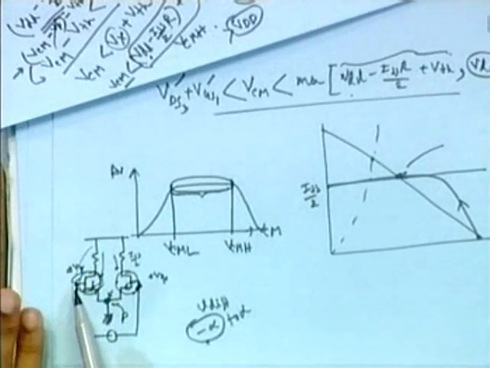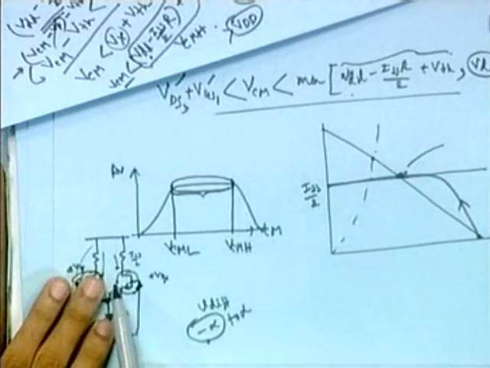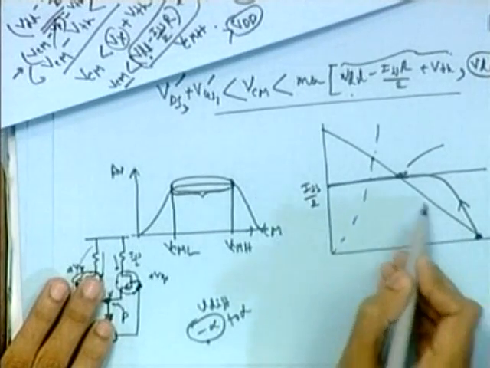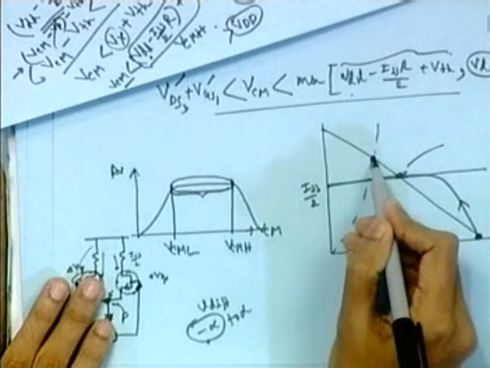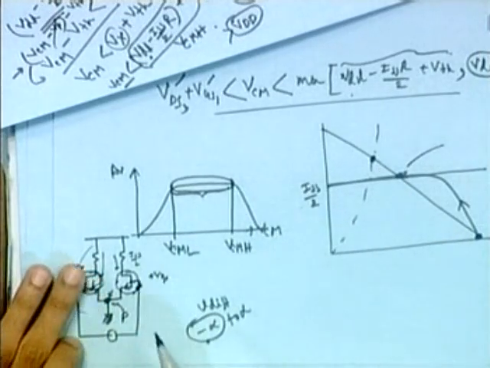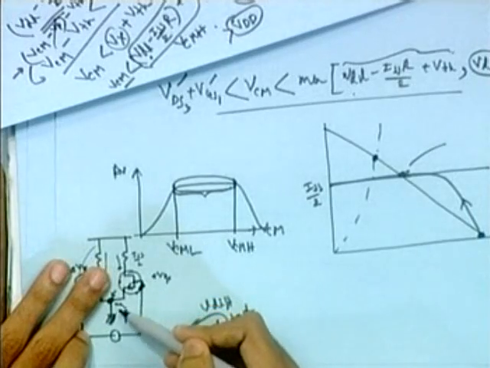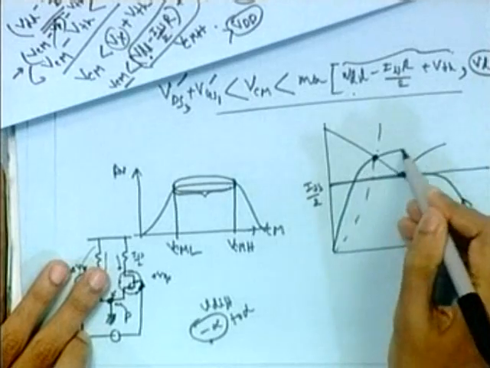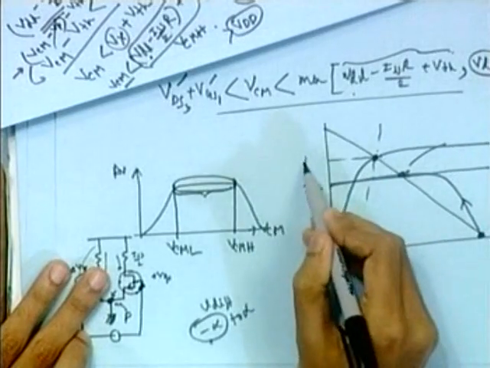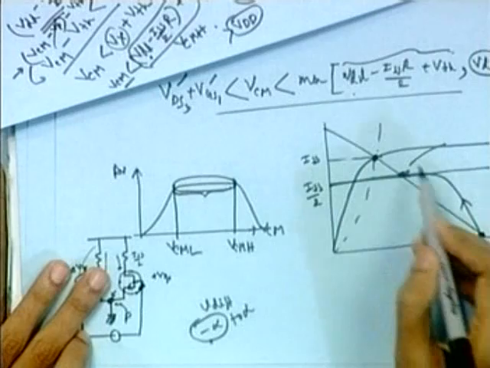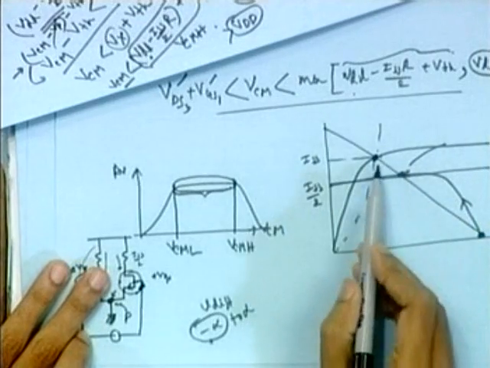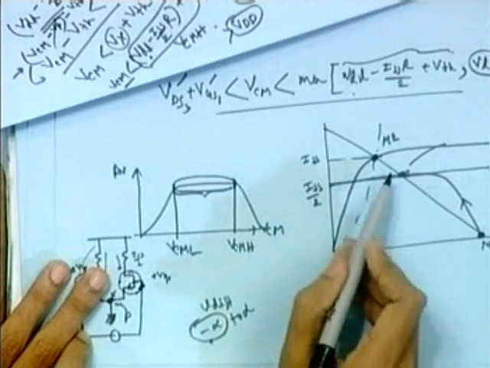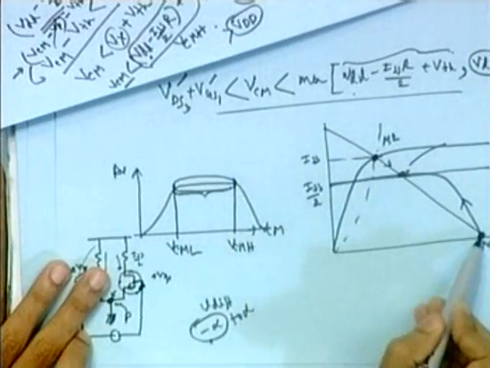As this is off, M1 starts from here along this line, and M2 starts from this point, because the whole ISS current has to flow through this transistor. Actually these curves are not drawn to scale. This is ISS, so M2 starts from here and M1 starts from here.